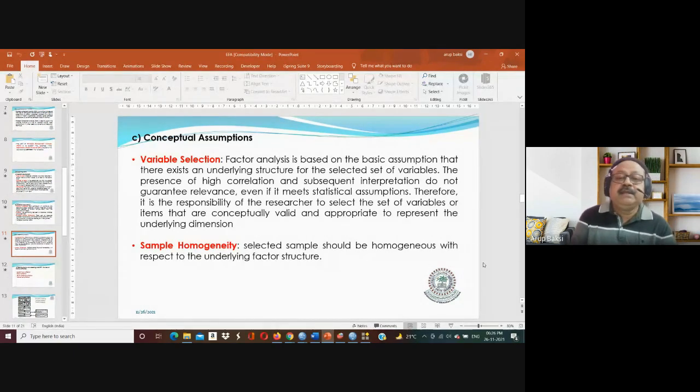What does it mean? Suppose there is demographic heterogeneity, and I am just citing one example. Say in the sample you have male and female both, different age groups, and maybe different disposable incomes.